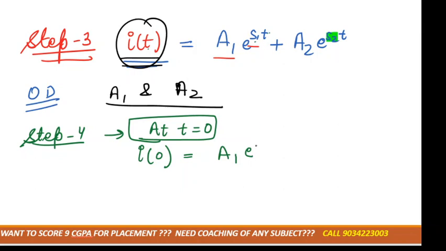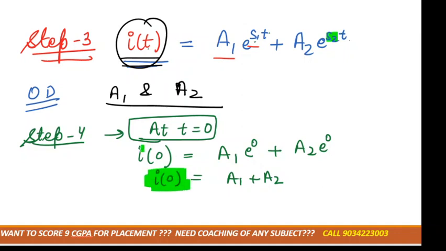E raised to power 0 is 1, right? Again a2, t will put 0, e raised to power 0 is again 1, so that would be a1 plus a2, so that is I of 0. I of 0 maybe they'll directly mention in the question, or maybe you need to calculate for at t equal to 0 minus. Okay, clear?